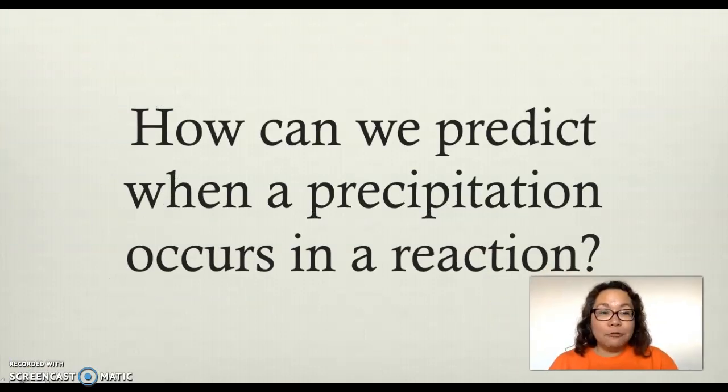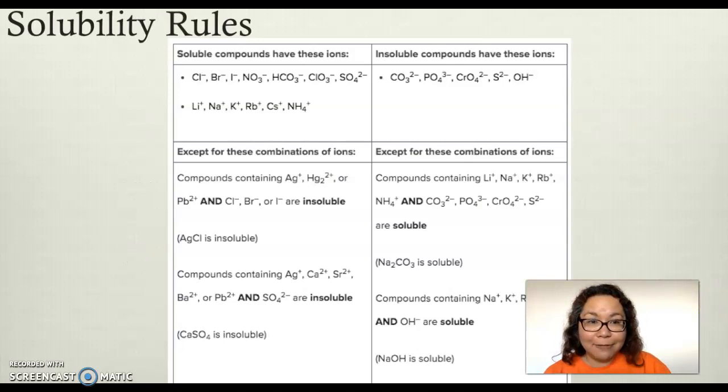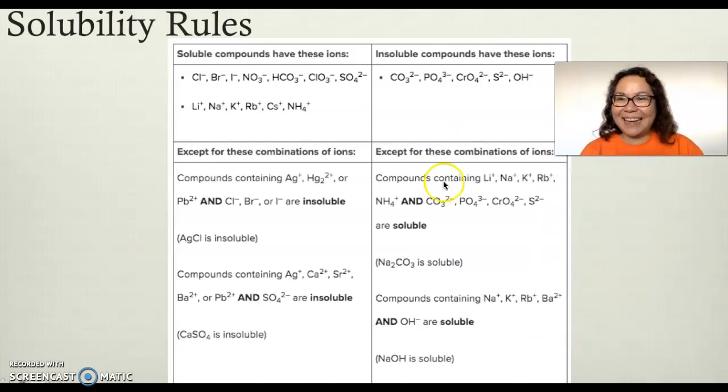Now, one of the important questions here: how can we predict when a precipitation occurs in a reaction? By looking at this table, the solubility rules, another super important and useful tool in chemistry. If you look on the left side, the top box, soluble compounds, the compounds that can dissolve and won't form a precipitate, include these ions.